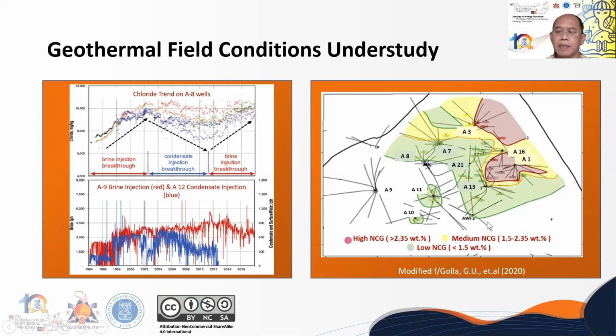And in the east sector, many wells experience steam cap development, creating relatively high NCG in steam compared to steam from liquid flash, 1.5 to more than 2.35%.